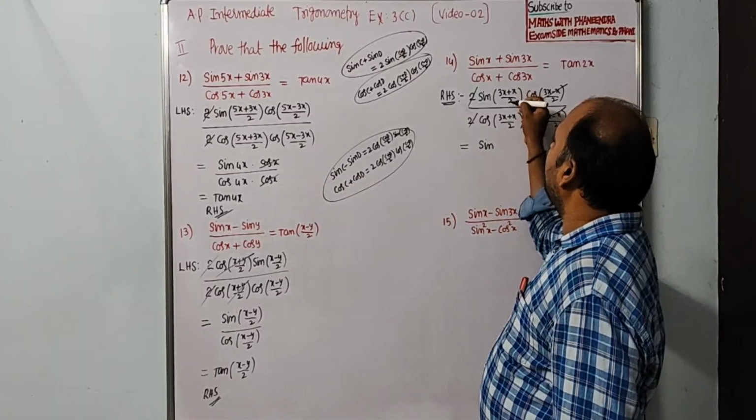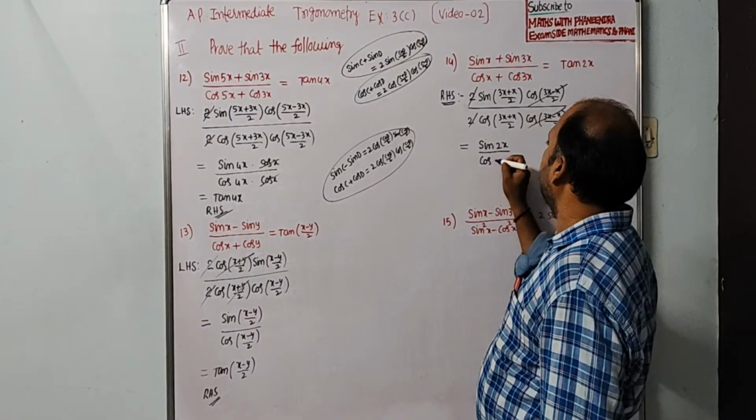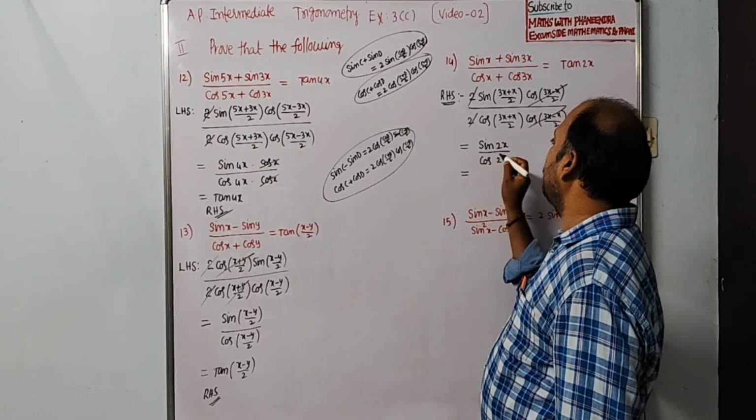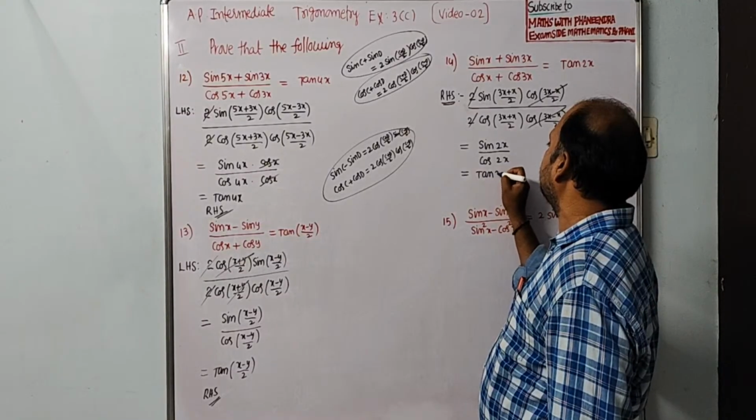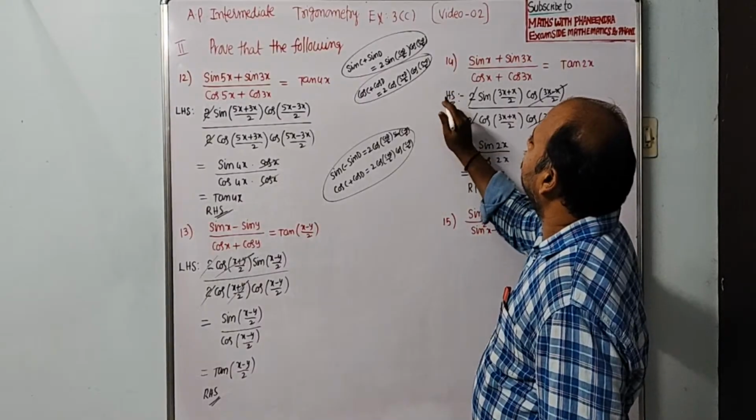Sin of 4x by 2 means 2x, cos of 4x by 2 means 2x. Sin 2x by cos 2x, tan 2x, which is required. Sorry, this is the LHS.